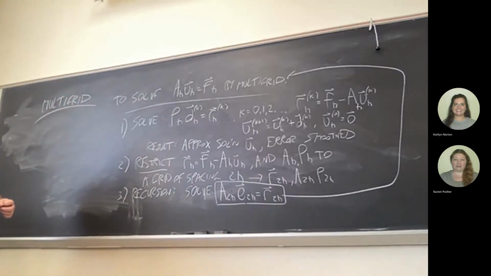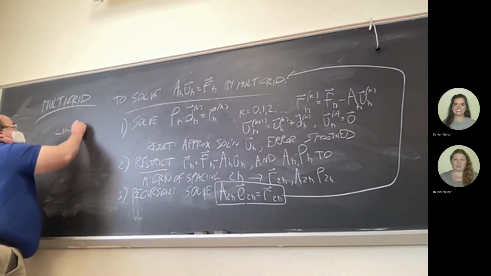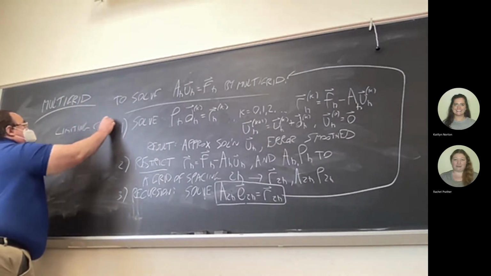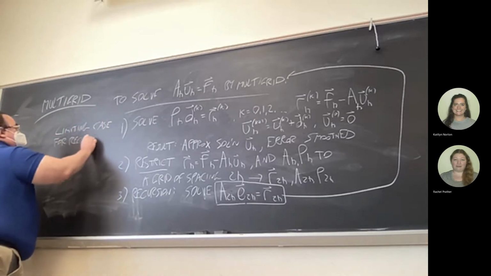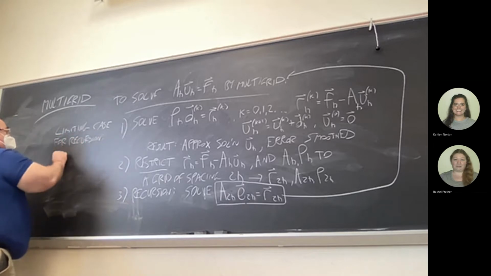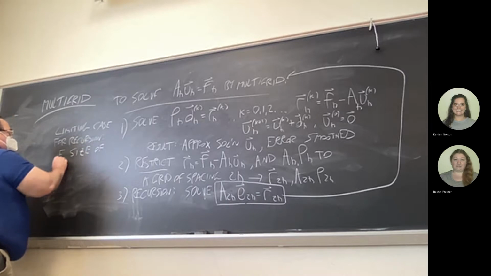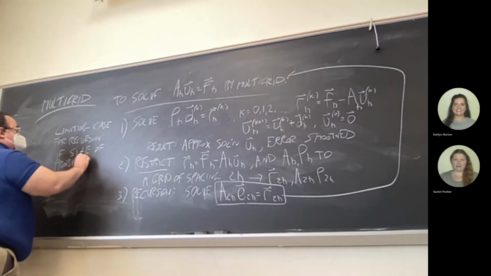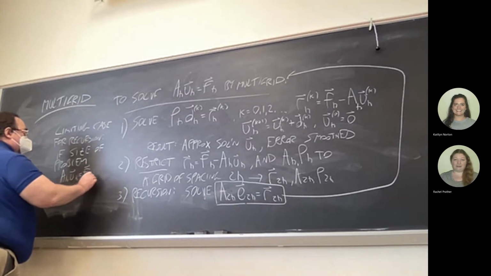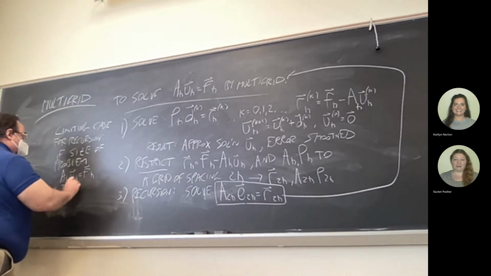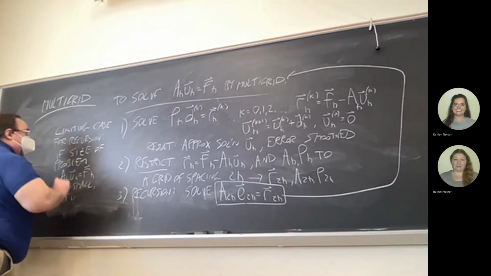So the limiting case that recursion must always have: if the size of the problem that's coming in, AH UH equals FH, is too small, then just solve it directly.